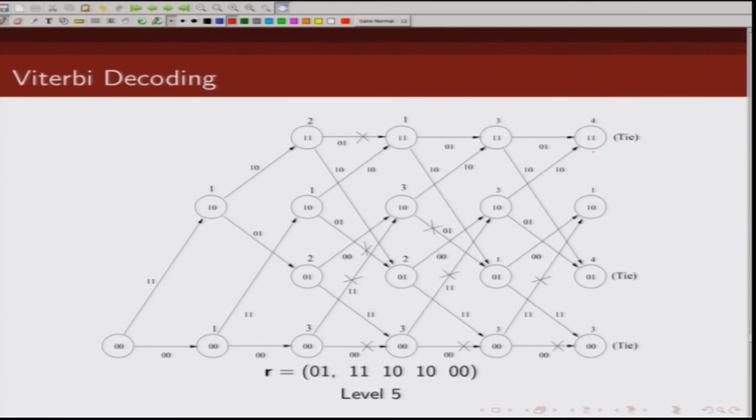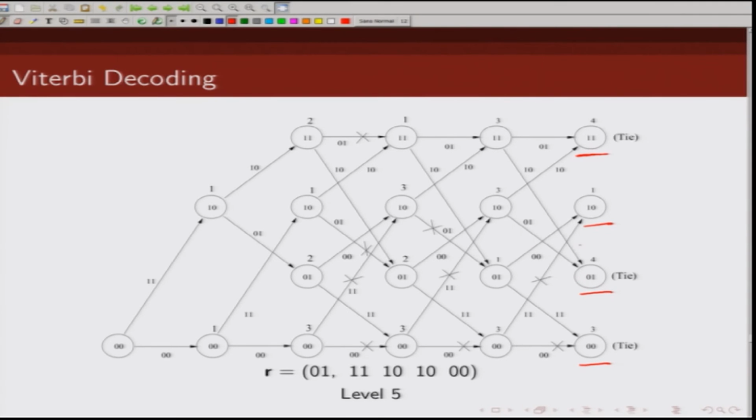Again, I repeat: at each time instance, I am trying to compute the partial path metric at each of these states. And how do I compute the partial path metric at each state? It is the partial path metric at the previous time instance plus the branch metric corresponding to the transition which will bring you to that particular state.